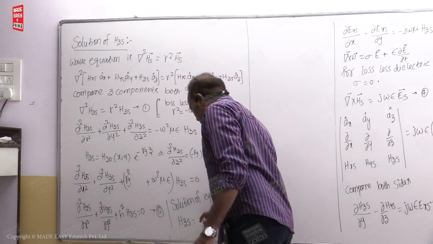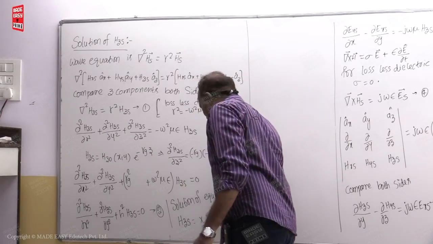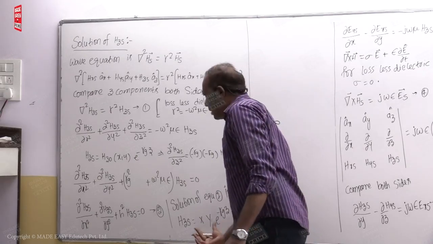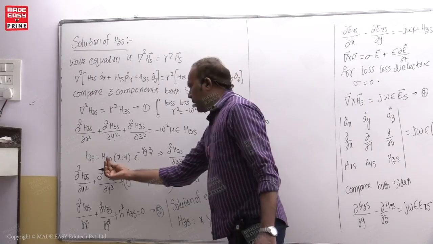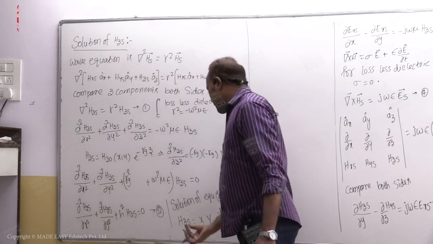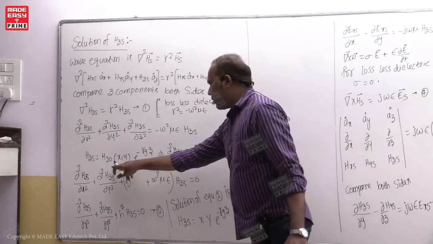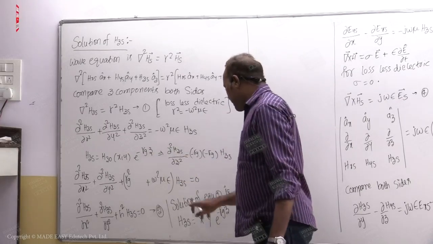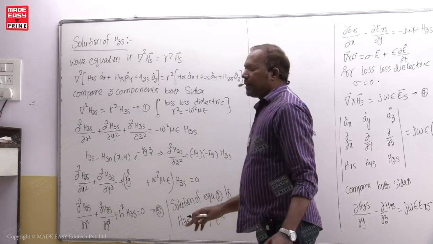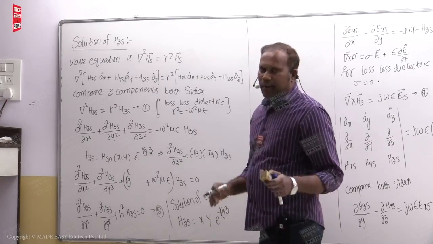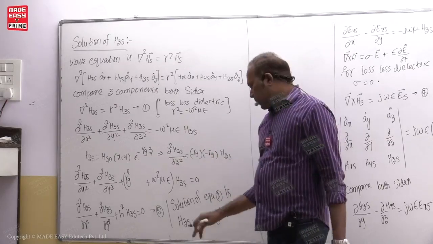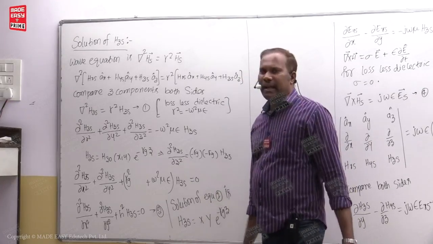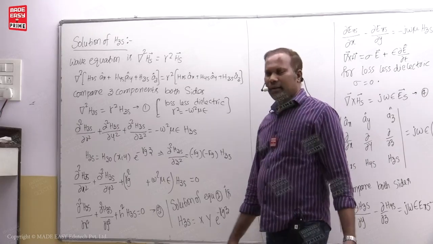Hz is equal to capital X into capital Y into e power minus gamma g z. That means both are the same, students, but here the xy components are written together. In place of hz naught, capital X into capital Y is written, with e power minus gamma g z. Capital X is a function of small x, some equation like cos m pi by a x, sin m pi by a x, like that it will be.